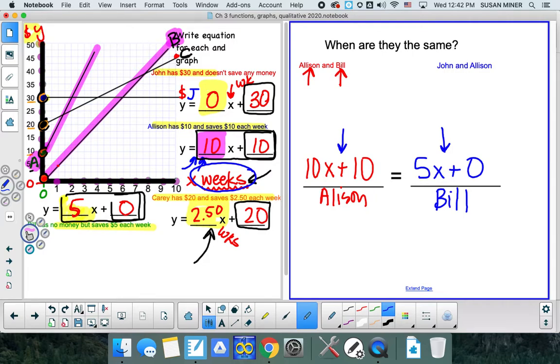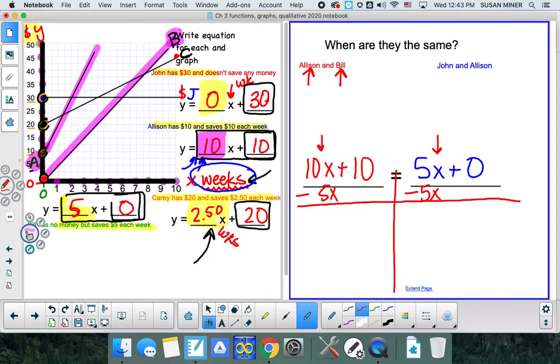And then all I have to do is solve it like it's a regular old equation. This helps me figure out where they're the same. So remember, I have an x over here, and when I have an x on both sides of the equal sign, I want to choose one that I don't like and get rid of it. So I don't like these 5 x's over here, so I'm going to subtract them off. That means I have to subtract from both sides in order to keep my equation equal.